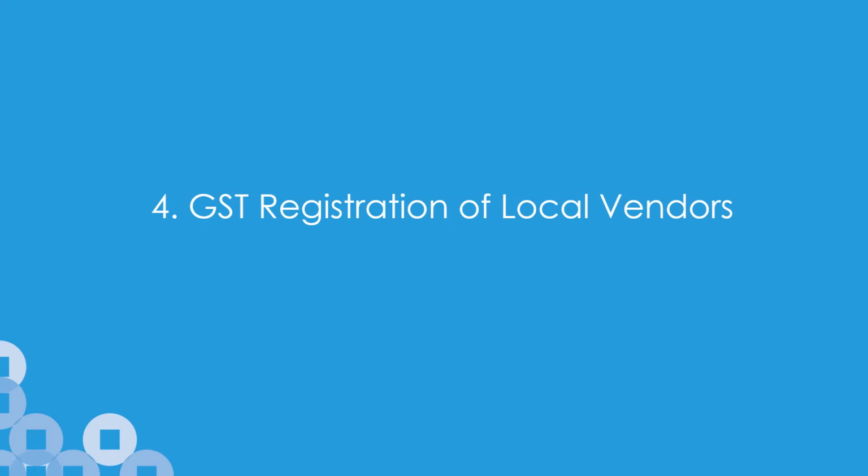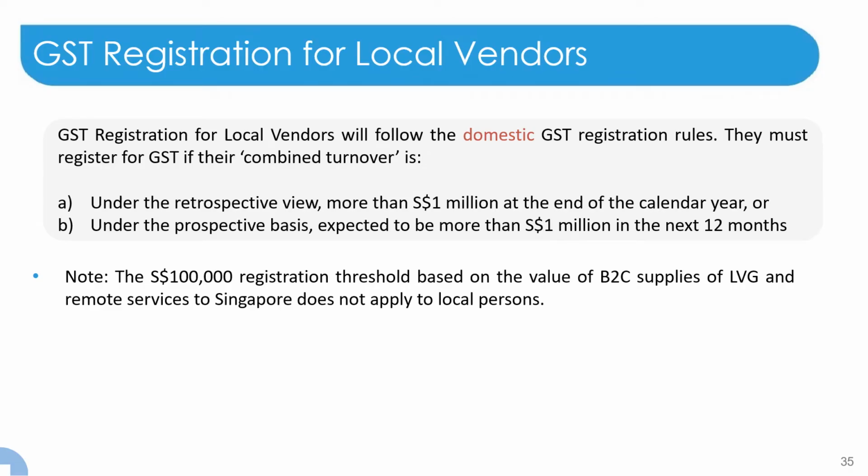We will now proceed to explain the GST registration threshold of local vendors under the extended OBR regime and explain when they need to register for GST. GST registration for local vendors will follow the domestic GST registration rules.